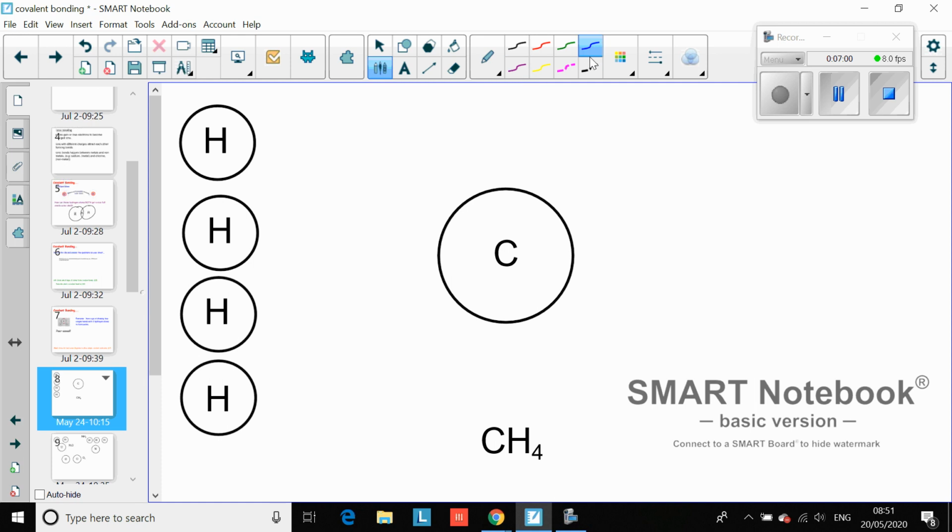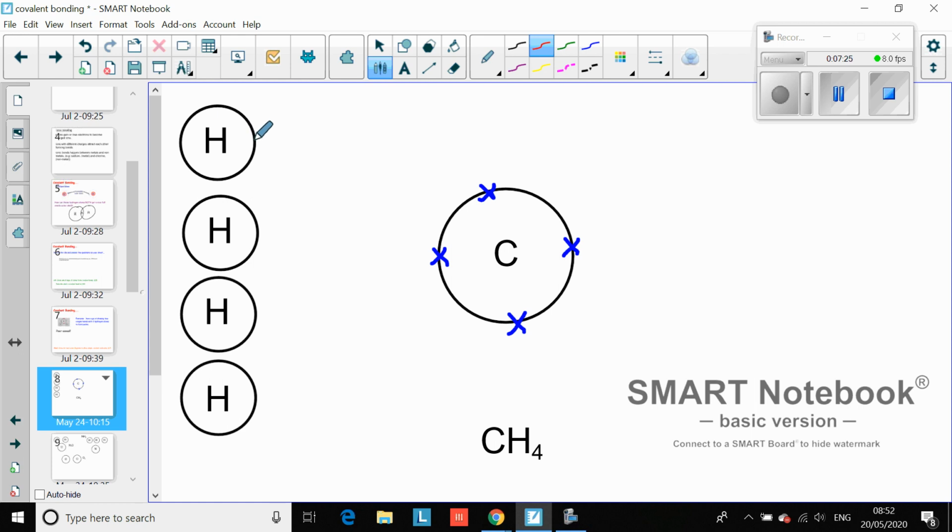So I'm going to draw those in as crosses. There they are. 1, 2, 3, and 4. Now, how many electrons does hydrogen have? Well, if you were paying attention to the last slide, it's 1 electron going around in each.